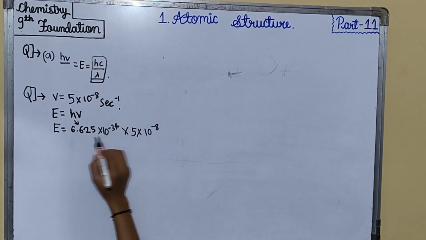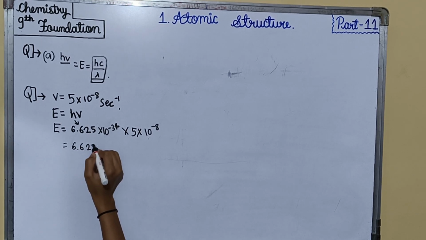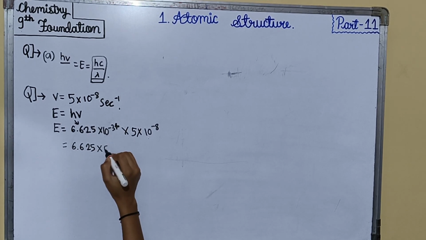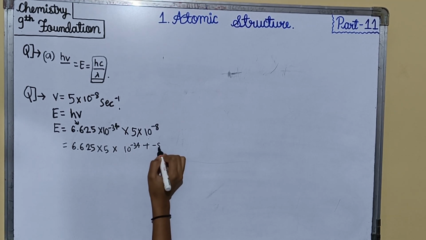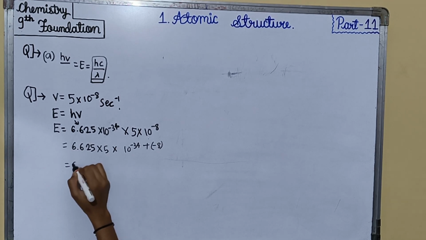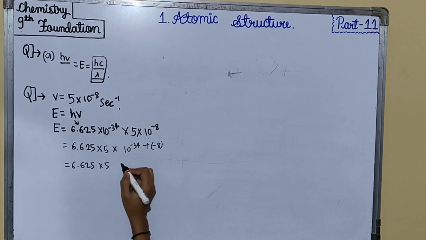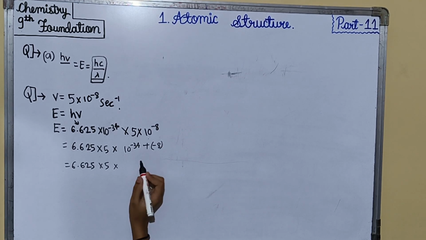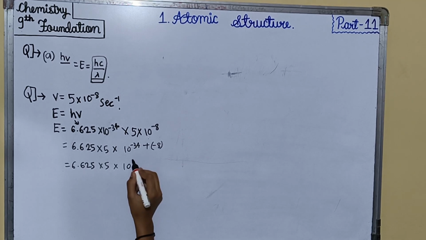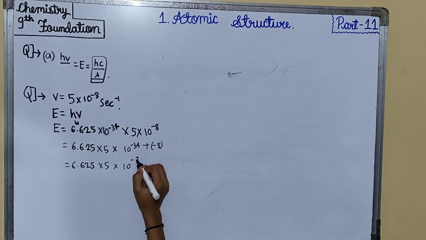Now these bases are same and this is in multiplication, so we will add the powers. Ten raised to minus 34 plus minus 8 will get 6.625 into 5 into 10 raised to minus 42.